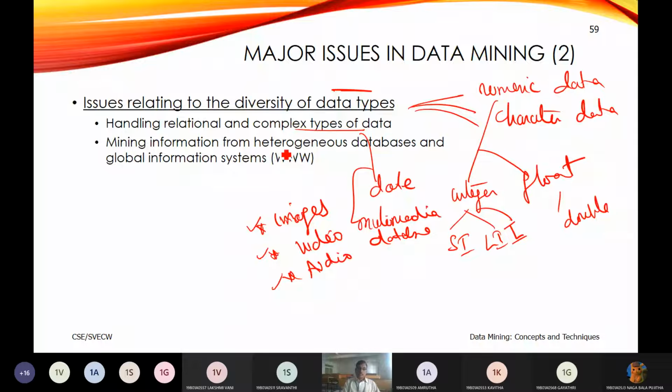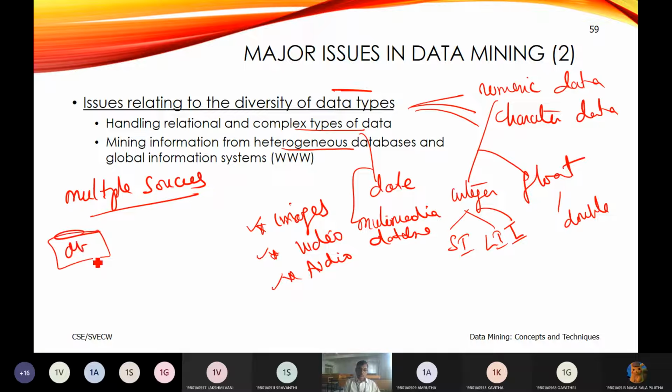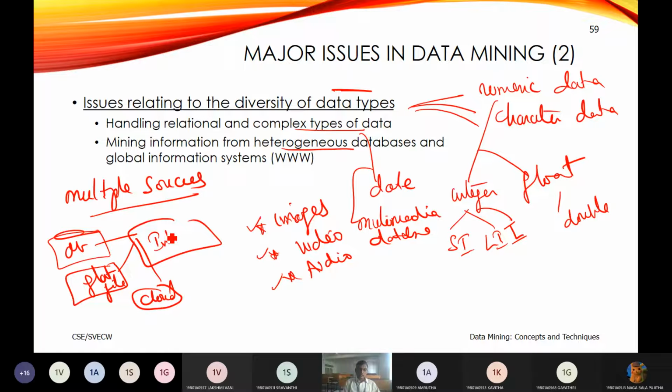The next comes heterogeneous data. If we are going to work with multiple sources, so one source will be a database, another source will be a flat file, another will be a cloud. So now you are taking data together, then you are going to integrate it, and thereby you are going to put it in the data warehouse.